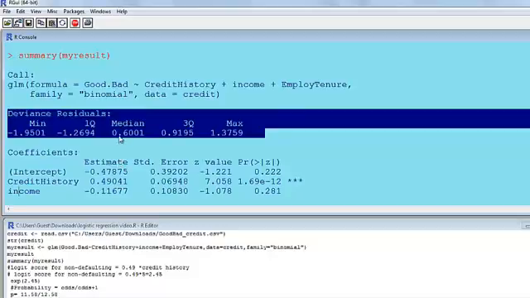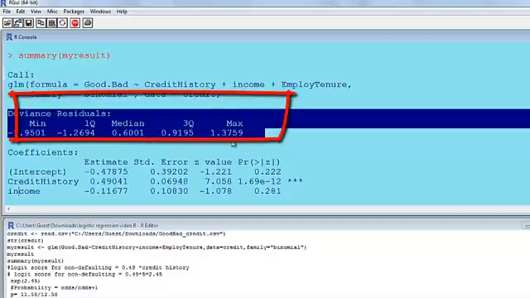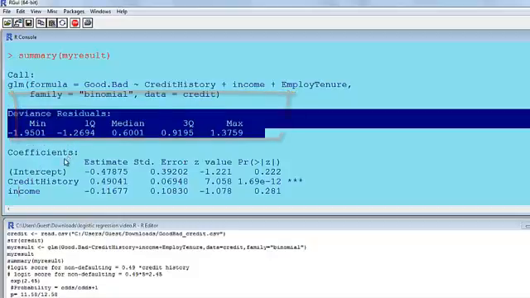So these residuals are calculated using the likelihood function. The formula to calculate the deviance residuals is different from the regular residuals, but they can have properties similar to regular residuals. For example, they can be symmetric. If we look at the deviance residuals printed here, they look roughly symmetric.